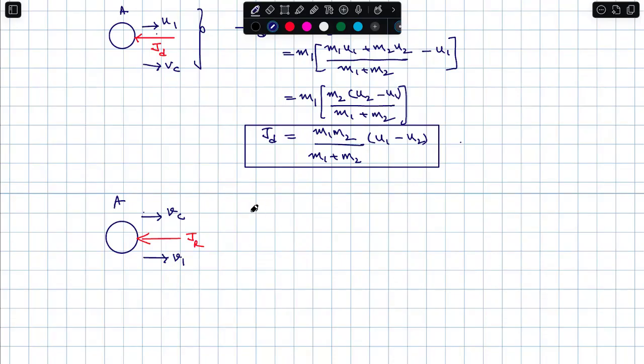Again, Jr, the impulse of reformation, is m1 v1 minus m1 times v common.